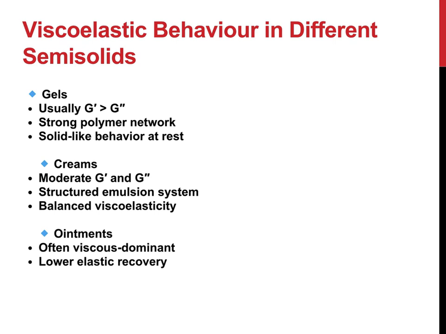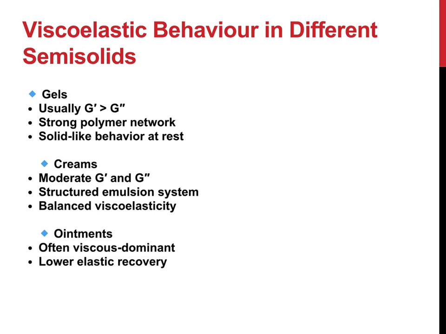In gels, creams, and ointments, you often see these kinds of data being generated by the rheometer, an instrument that measures rheological properties of the semi-solid. For gels, usually G prime is more than G double prime because it is a more elastic material, due to the strong polymer network and solid-like behavior at rest.